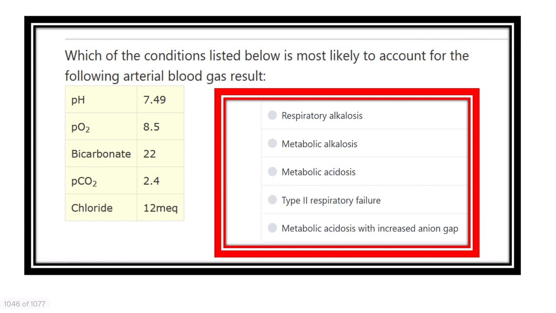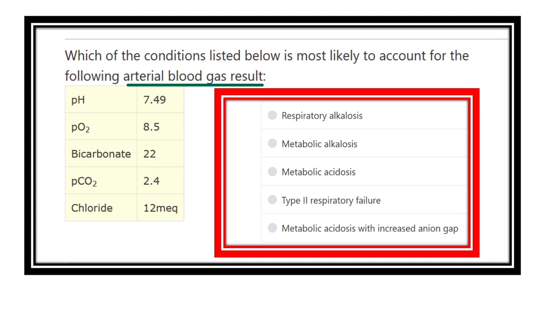Which of the conditions listed below most likely accounts for the following arterial blood gas result? Here are the options. pH is 7.49, partial pressure of oxygen is 8.5, bicarbonate 22, partial pressure of carbon dioxide 2.4, chloride 12 milliequivalent.